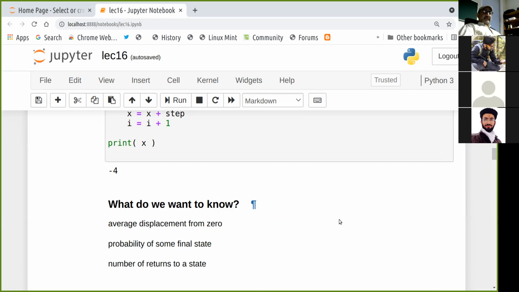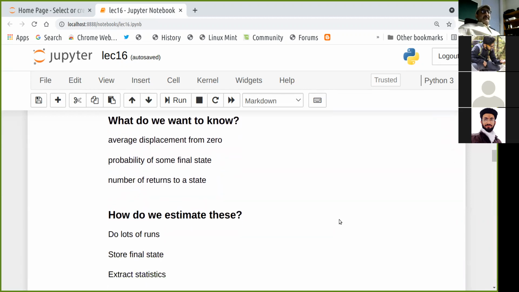So if n is 100, for example, then I can only go through the location 100 once, with a probability of 1 over 2 to the 100. On the other hand, for a location of something like, say, -2, I could imagine going through that many times. Another thing that interests us is the number of returns to a particular state.